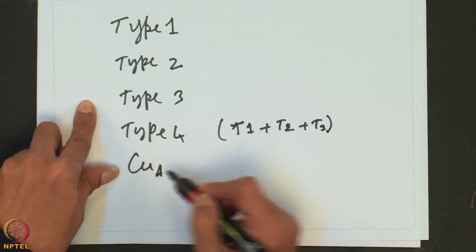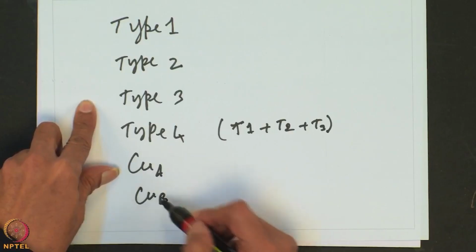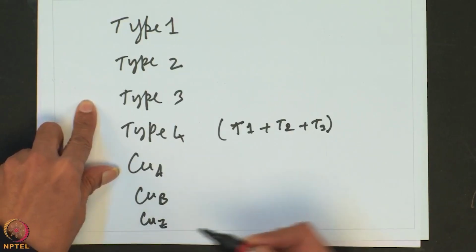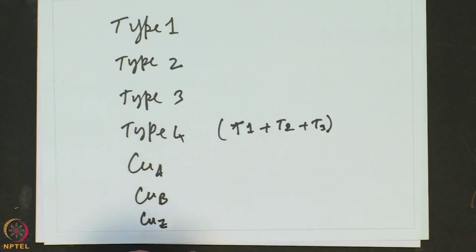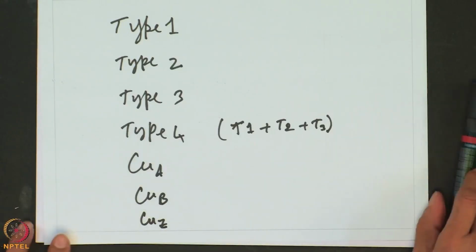Then you have copper A, copper B, and copper Z type. So, we have looked at all of these in the previous class.